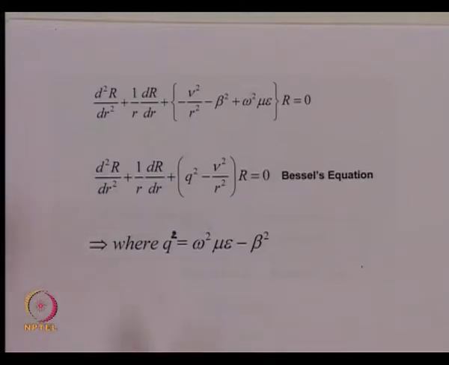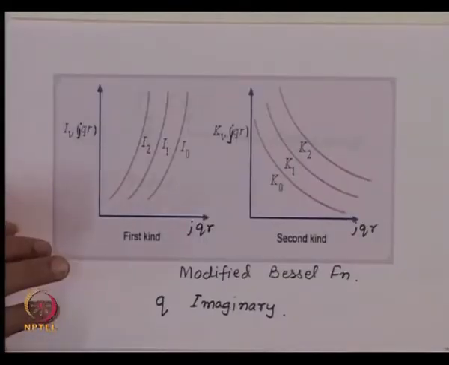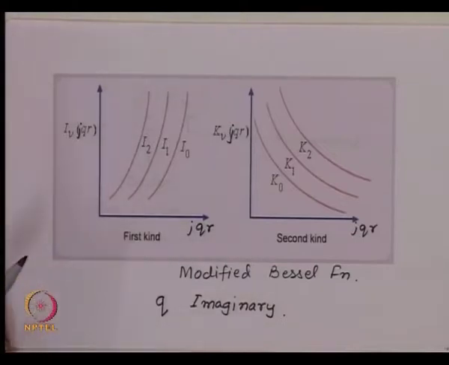So here we have to consider only two cases, the q real and q imaginary. So now what we find is that if I choose a set of solution for which q is imaginary, then I get the field variation radially, which will be monotonic in nature. If I consider the q real, then I get radial variation of the field, which is oscillatory in nature.